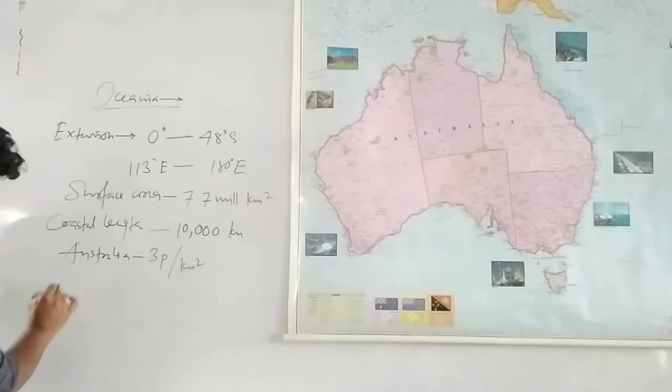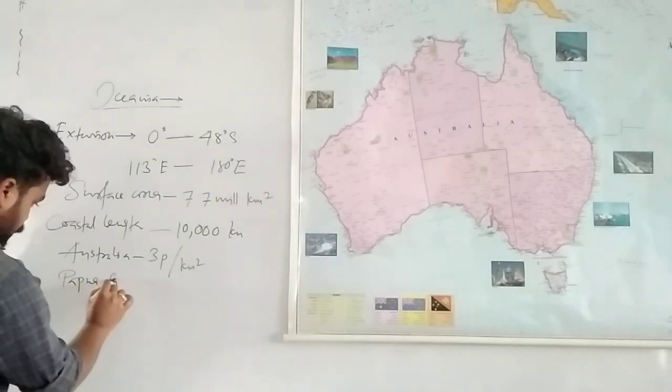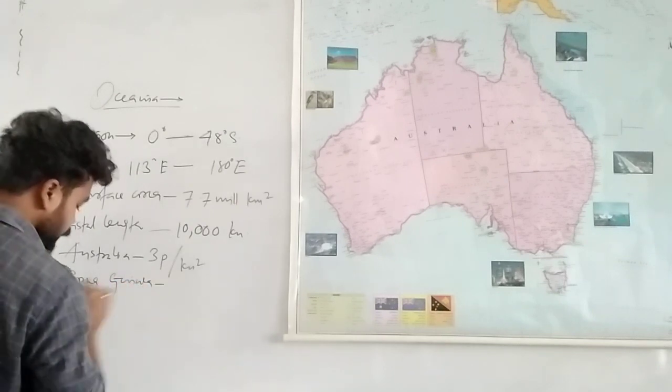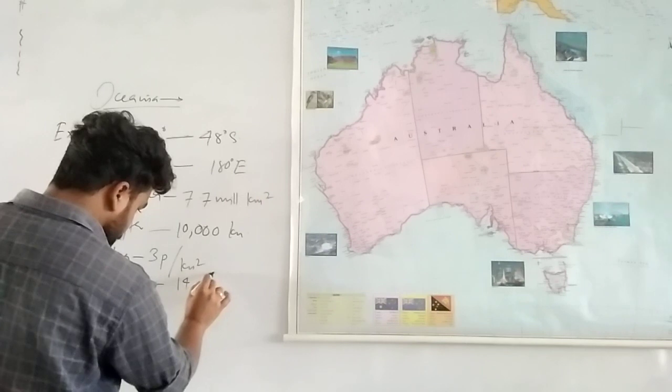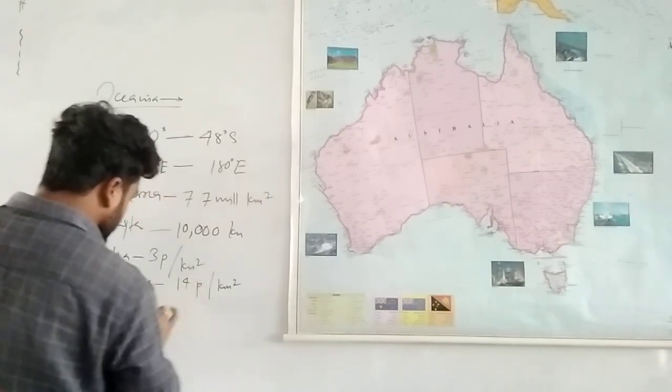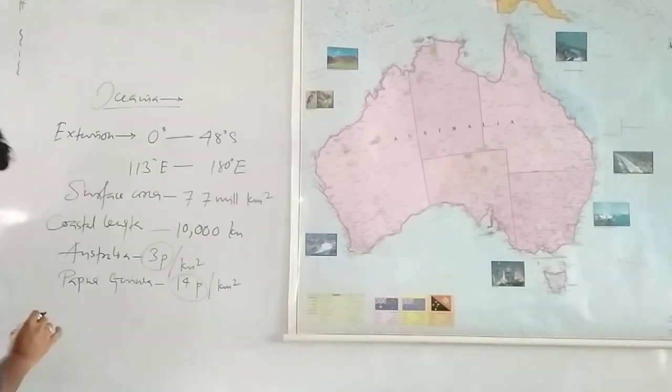Again, another island is there, Papua New Guinea, which has 14 persons per square kilometer. You just remember these figures: 3 persons, 14 persons.